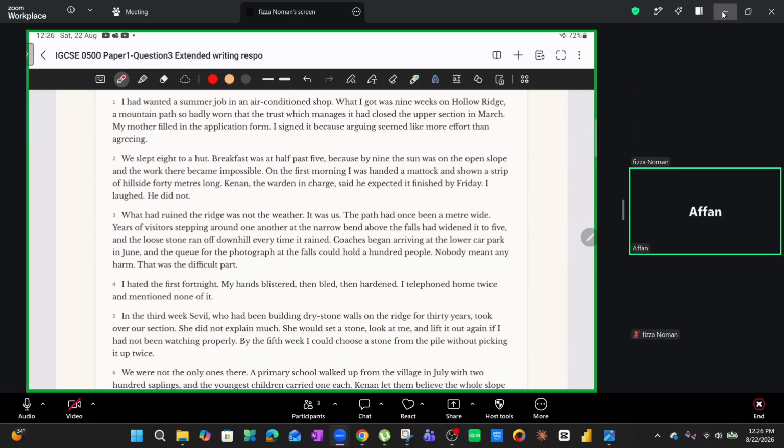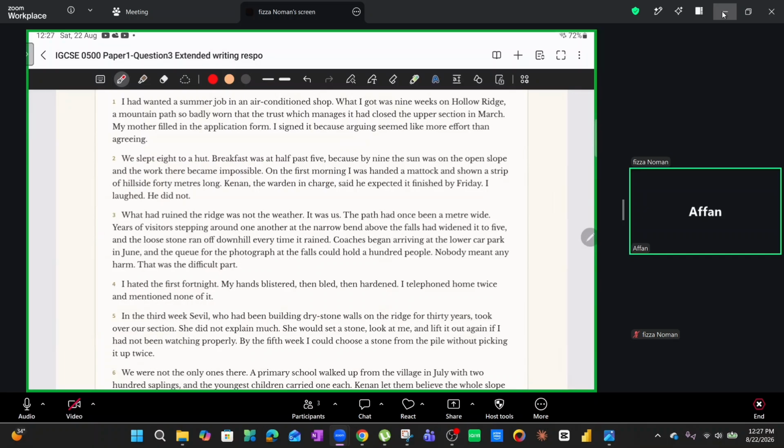I had wanted a summer job in an air-conditioned shop. What I got was nine weeks on Hollow Ridge, a mountain path so badly worn that the trust, which manages it, had closed the upper section in March. My mother filled in the application form. I signed it because arguing seemed like more effort than agreeing. We slept eight to a hut.